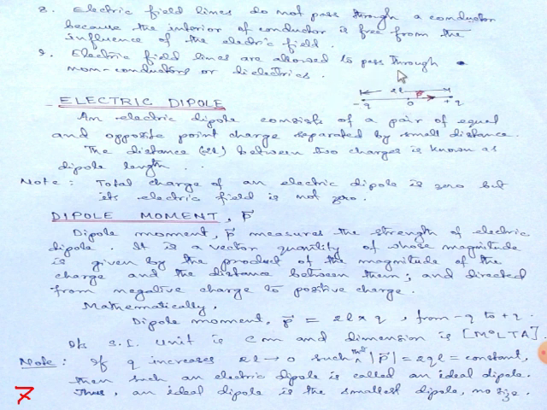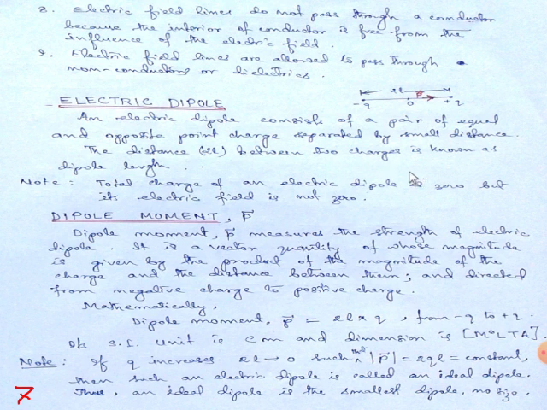There are some places where the electric field will be 0, and we can find them out, but generally outside the dipole the electric field is not 0. Some finite value of electric field is there even though the total charge is 0. That is the meaning. Now let's go to the dipole moment.